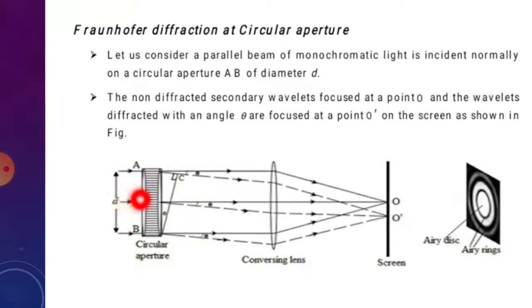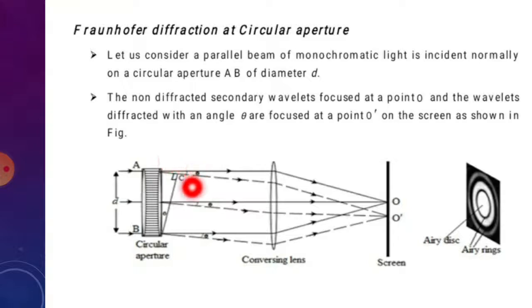To find the path difference, we can draw a normal, a perpendicular from A to the ray through B, called C. This perpendicular line gives us immediately the path difference between these two diffracted light rays. Here the path difference is AC.